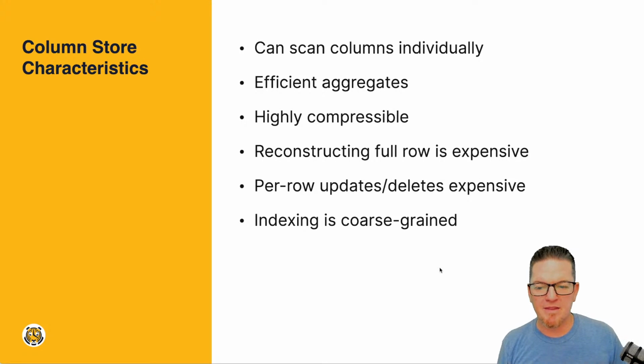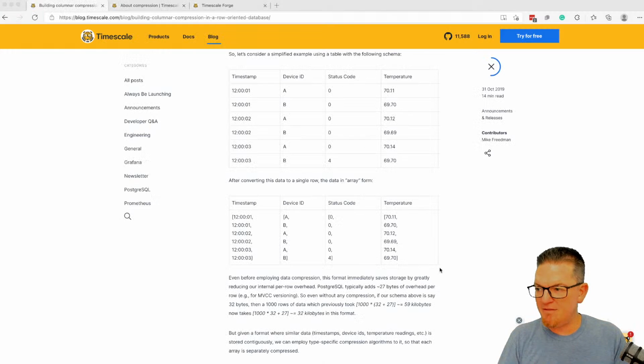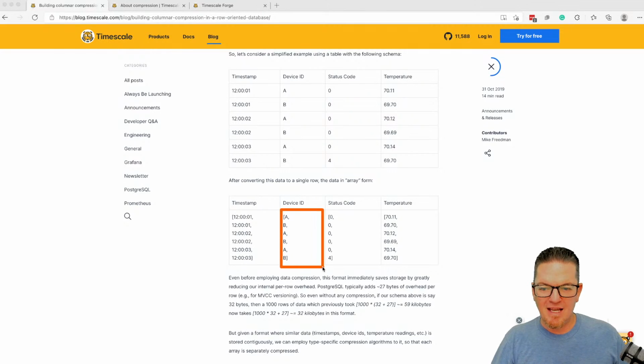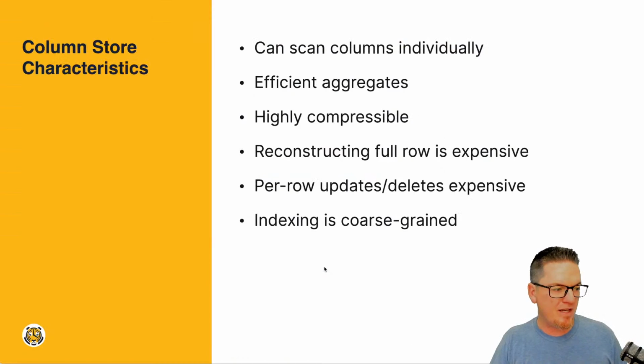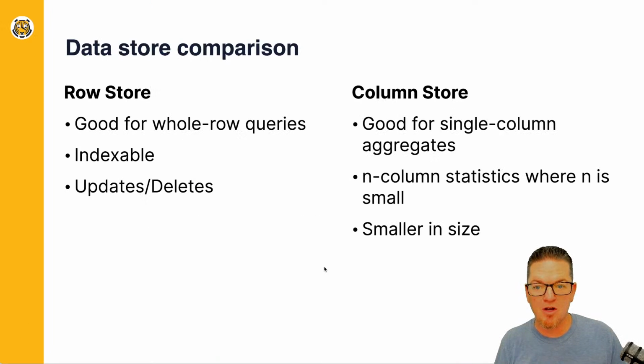And indexing is always coarse-grained. If I have a bunch of columns that are array-based, it's not really easy to index arrayed columns. You might be able to do ranges, mins and maxes, things of that nature, but I can't say that in the middle of this array there's exactly the value you want. That becomes really difficult, and it doesn't work well with column stores.